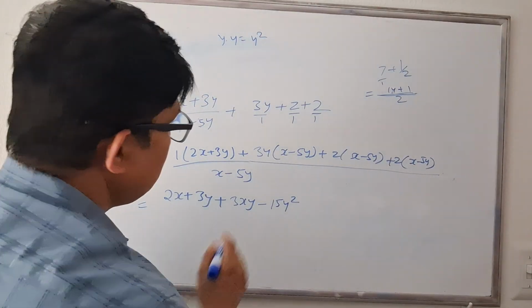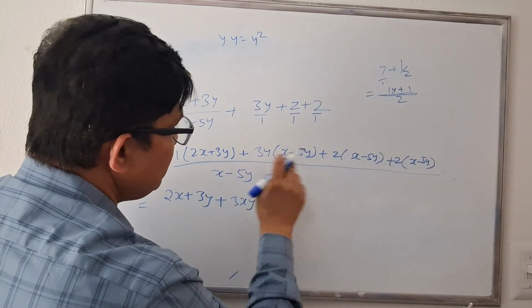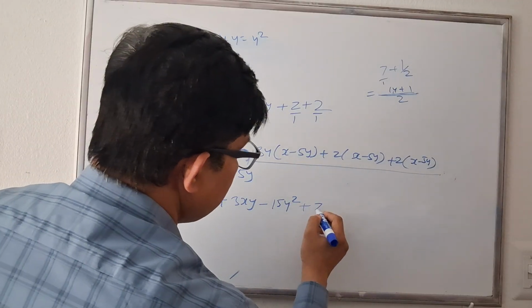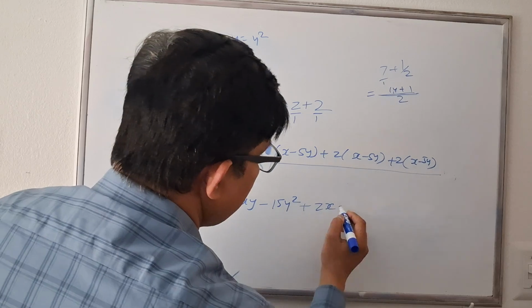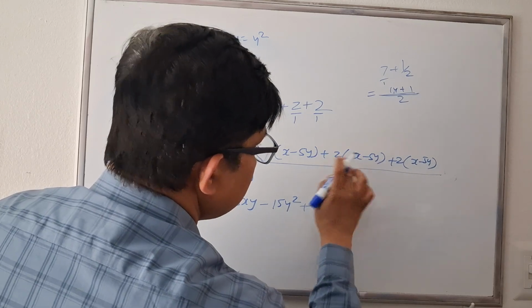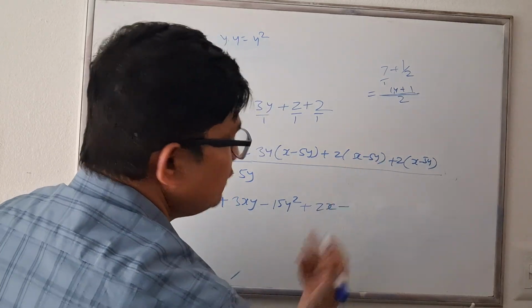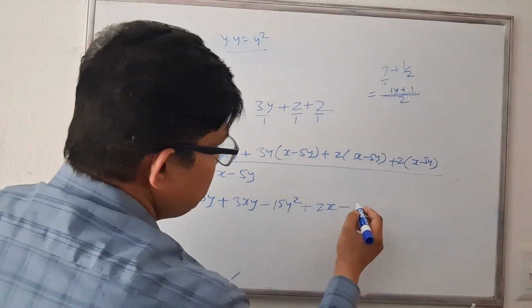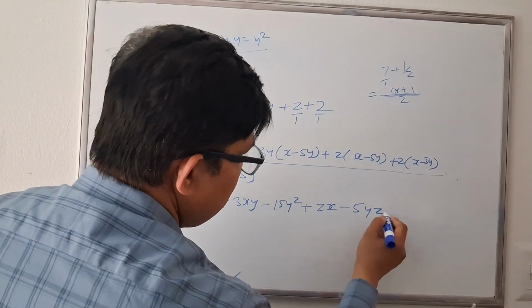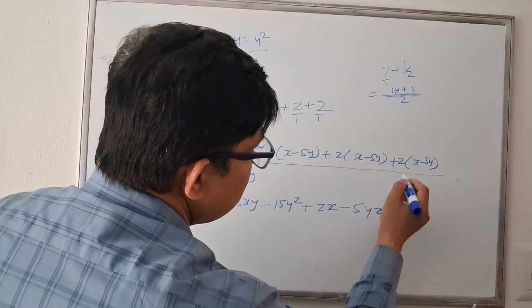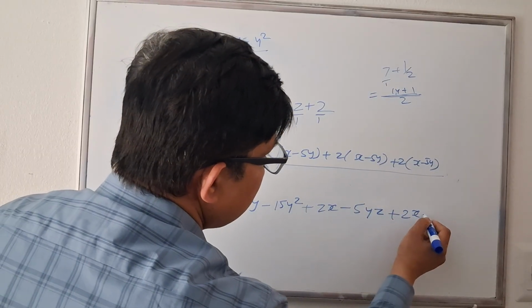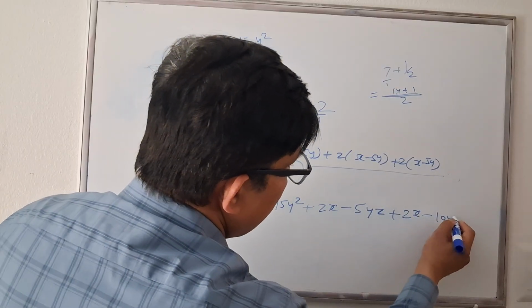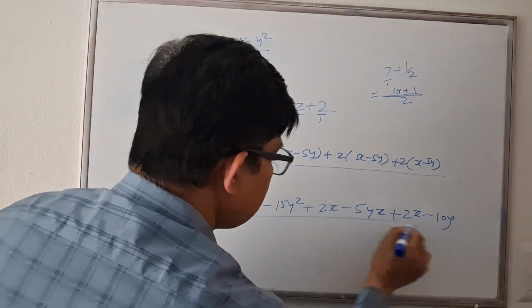So constant multiplied by constant, variable multiplied by variable. Here z times x, zx, plus times minus 5. Since y and z are different, you cannot say it like this, so you have to write minus 5yz. Then z plus 2 times x is 2x, and plus 2 times minus 5 is minus 10y, divided by x minus 5y.